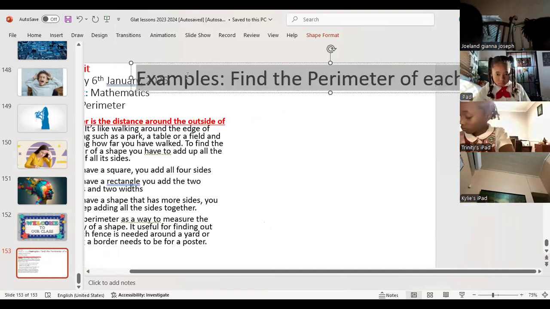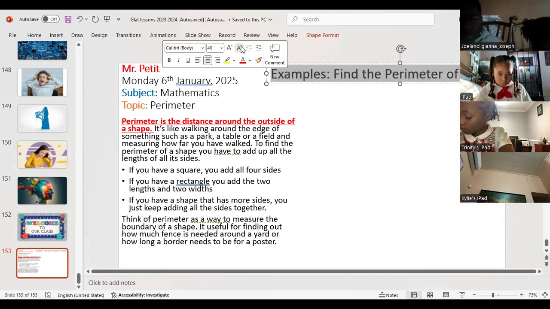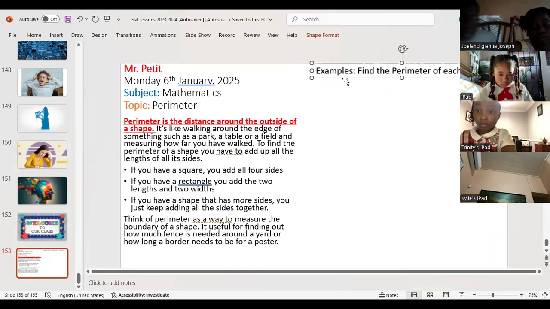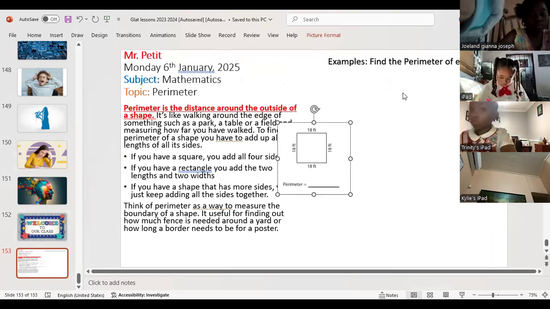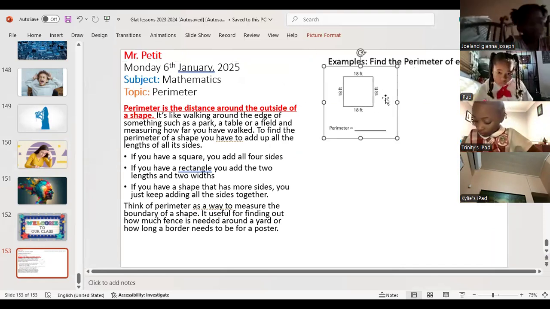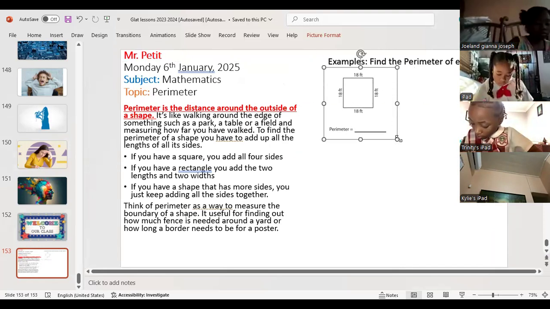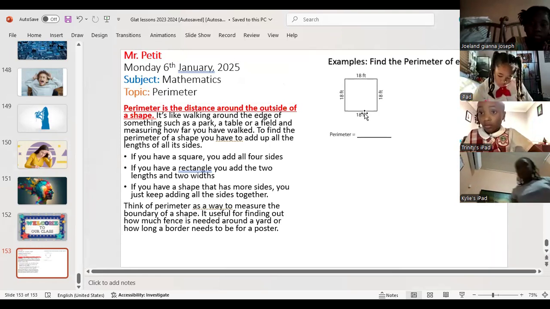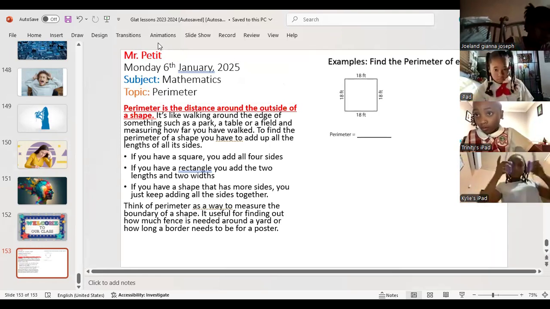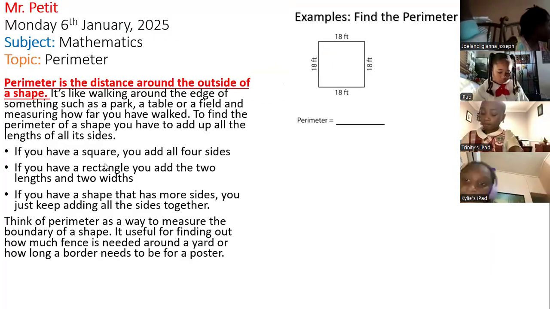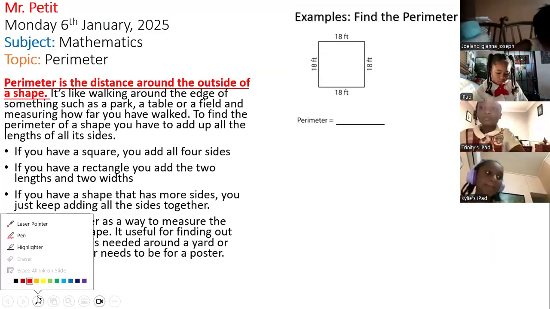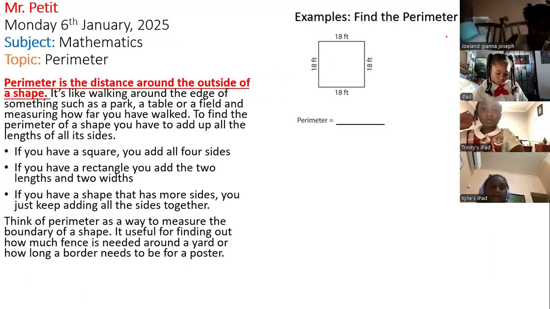Let me unzoom that. So let's say we have this particular shape and we need to find the perimeter of this shape. By the way, what is this? A square. Very good. So now to find the perimeter, what must we do? We have to add up all the sides.